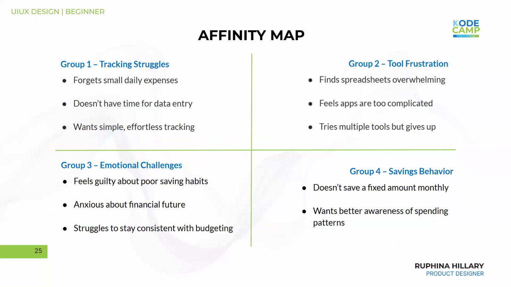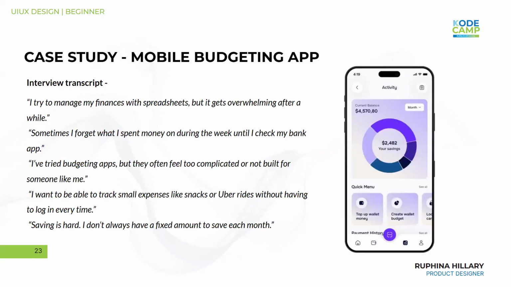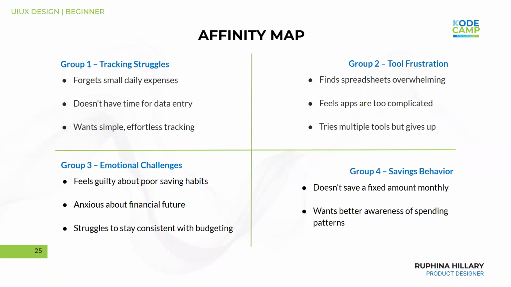So what I'm trying to say is that if you look at group one, you see things like forget daily. This is our insight from the interview transcript that we analyzed. We got the insight that people usually forget daily expenses, people usually don't have time for data entry, and people want seamless and effortless tracking.